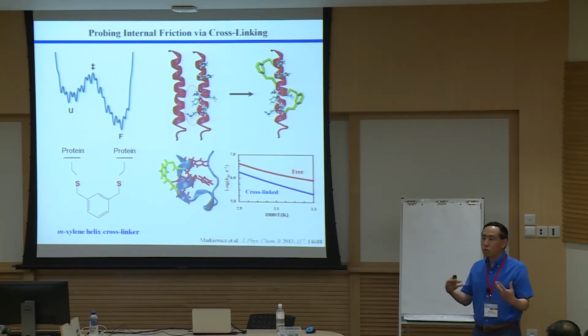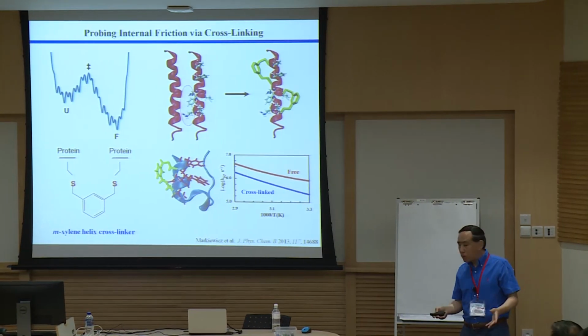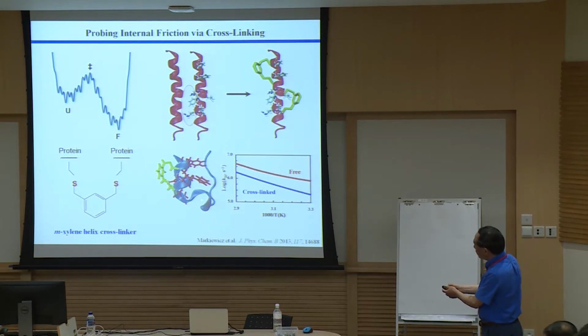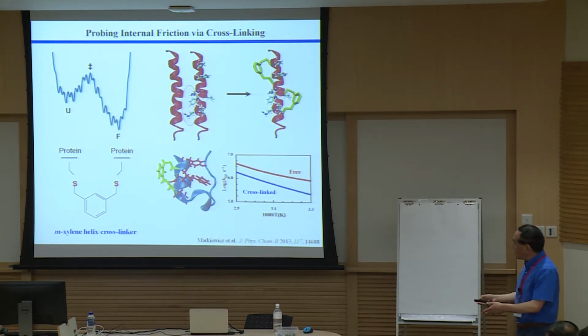Then, of course, we do the normal thermodynamic characterization, and also we have done kinetic study. Now you can see that, so this is the relaxation rate of the free or native form. This is the relaxation rate as a function of temperature of the cross-linked variant. So as we have expected, the overall rate is decreased.